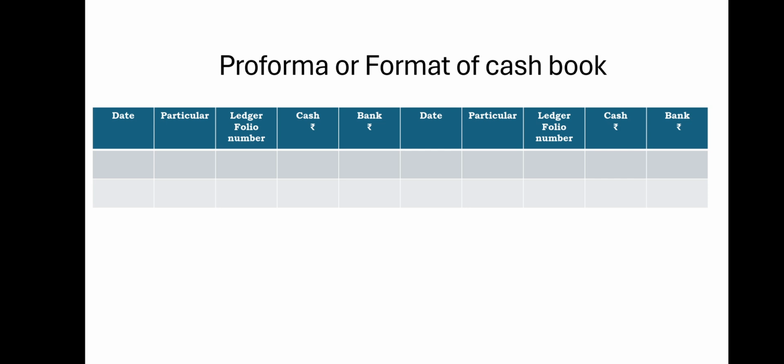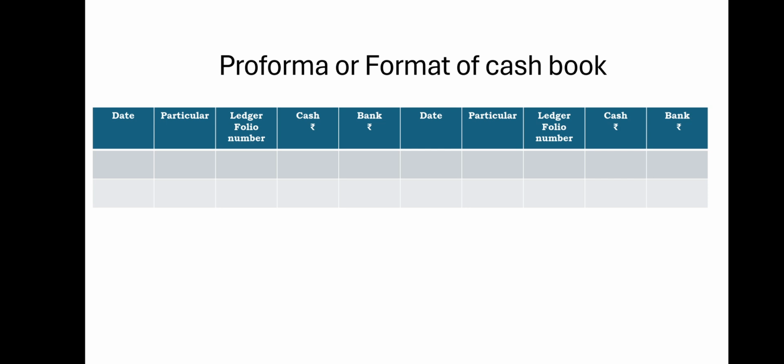Now, let's see how to make the format or proforma of a cash book. Dear students, we always start a cash book with the date. As you know, we always write dates in chronological order. The next column is the particulars. Particulars stands for whatever accounts we are going to put that are going to affect the cash or the bank balance.